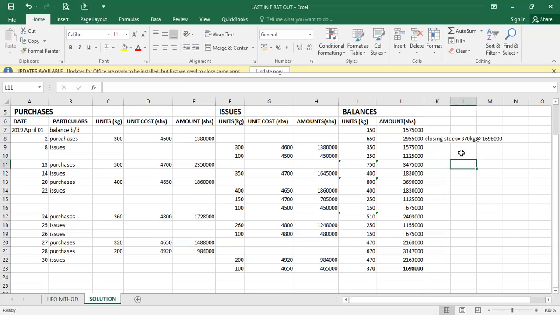So you are seeing now, the reason why these people don't like LIFO is because it understates the value of closing stock. When you understate something, you know the implication, because this figure is supposed to be taken to the income statement.